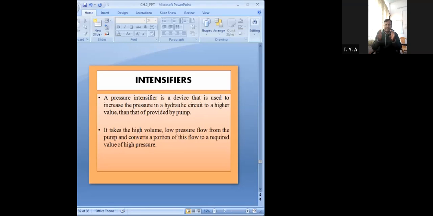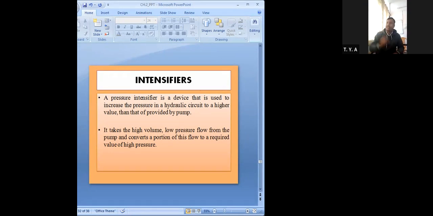And the action of this intensifier is similar to that of a step up electrical transformer. This intensifier finds its application in places where liquid of very high pressure is to be developed from available low pressure.